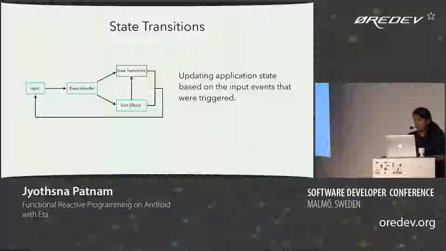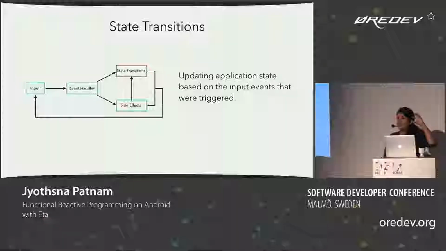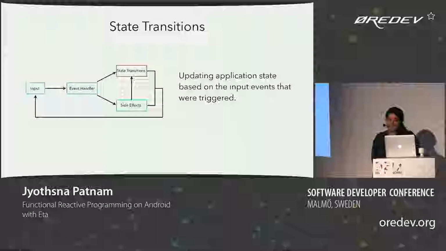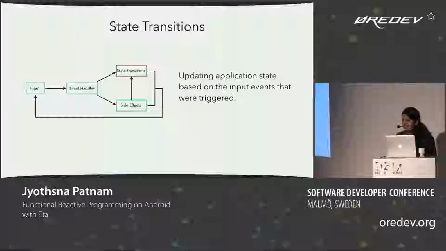What are state transitions? Whenever there is a change in your program, especially a value change in the fields of your program, there is a state transition. When your application starts off, it starts with an initial value, and the state keeps on updating throughout the duration of the application. Side effects.